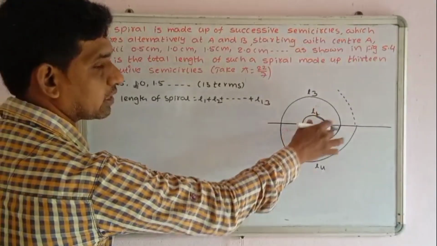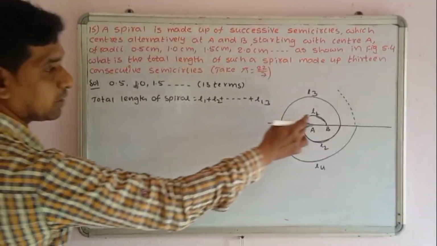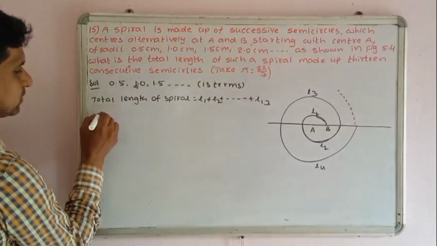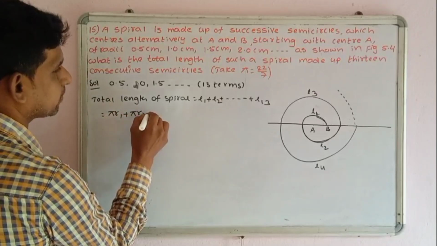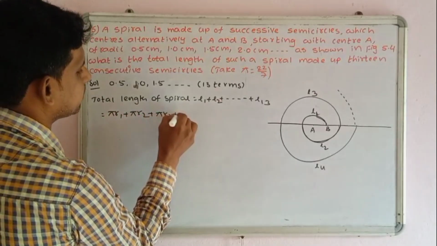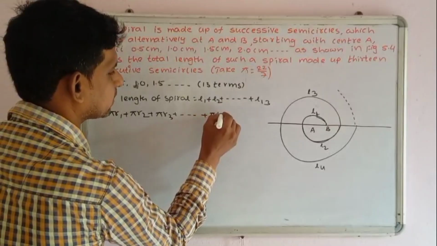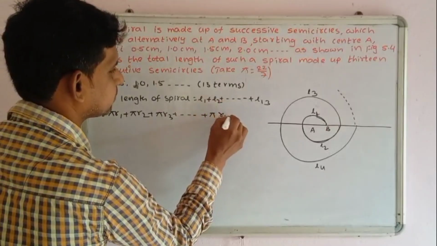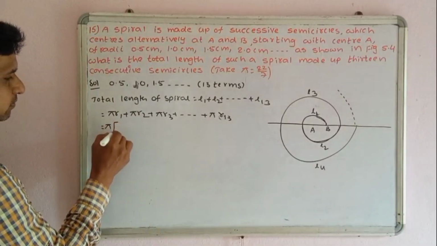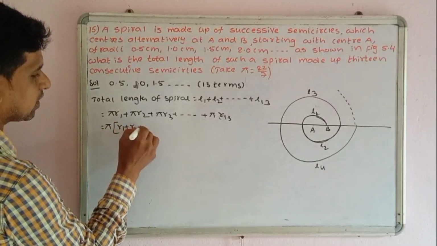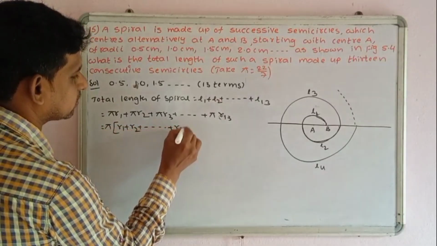Here L1, L2, L3 are semicircles, so that equals pi r1 plus pi r2 plus pi r3 plus so on up to pi r13. So 13 semicircles are there. Take pi as common: pi times (r1 plus r2 plus so on up to r13).